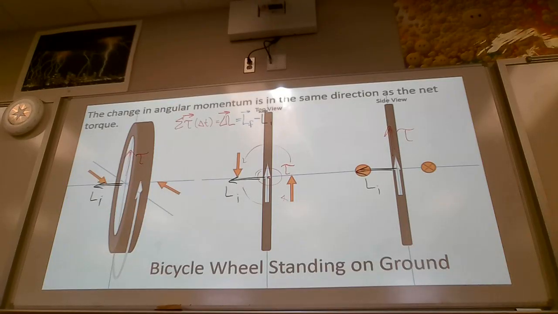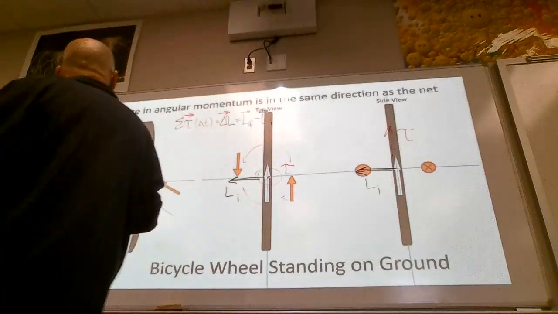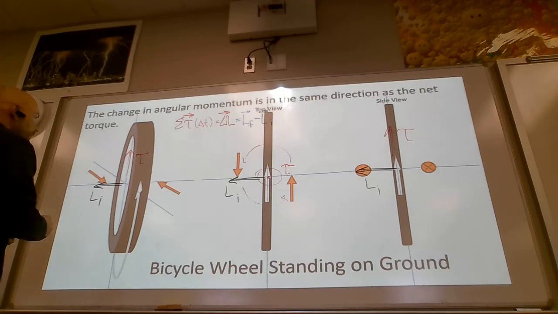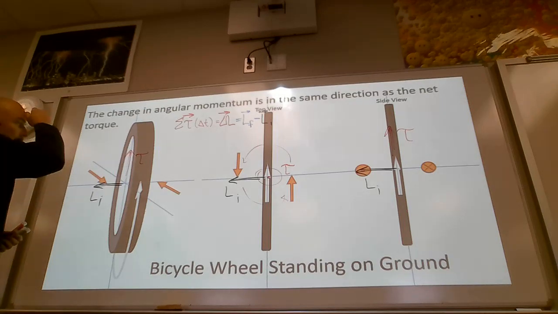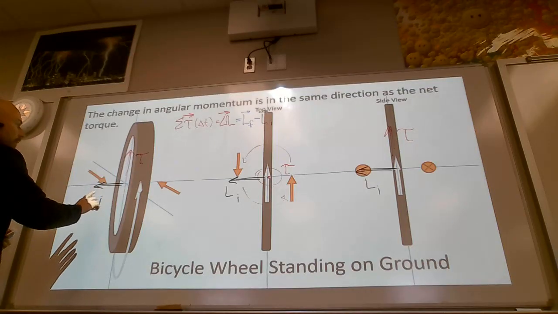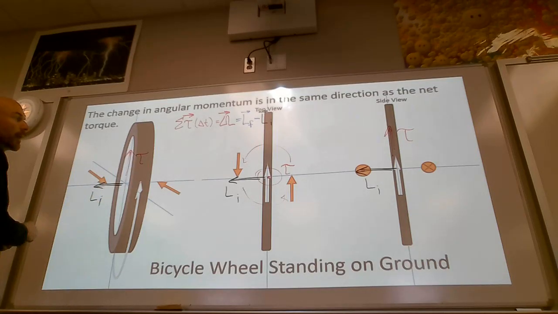So when we apply a torque to that going this way, it wants to cause that change in angular momentum to go that way.